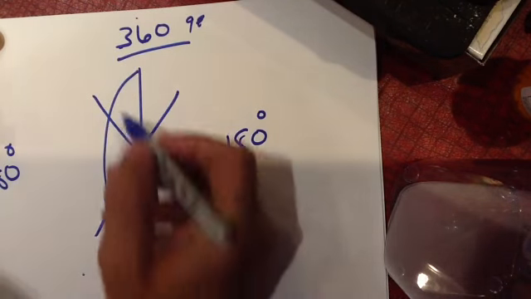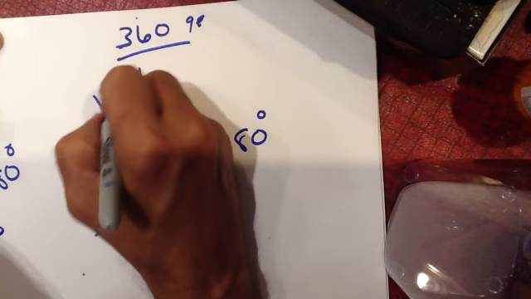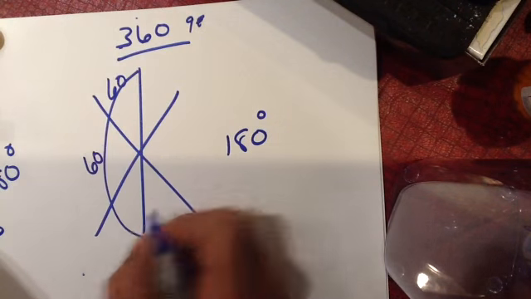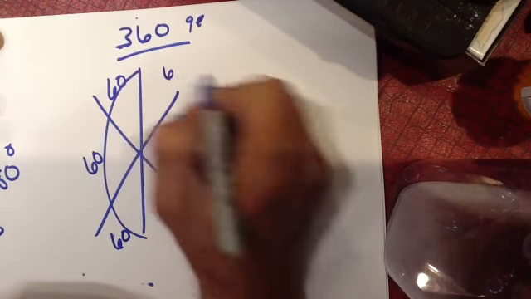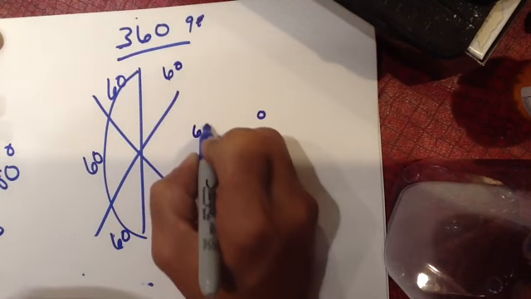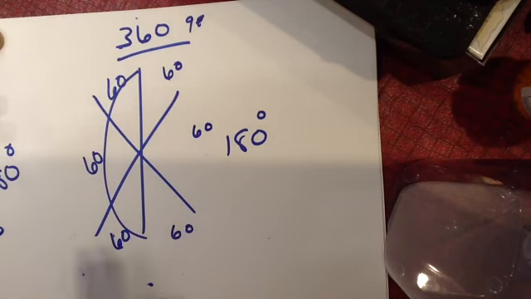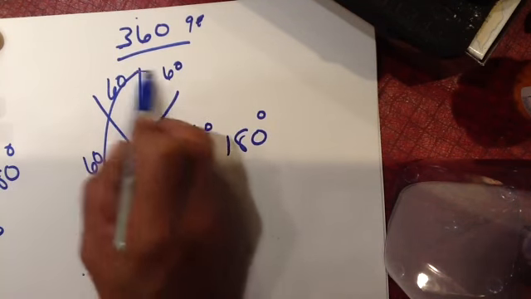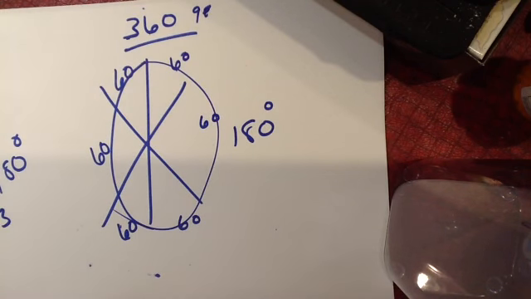Okay, but 180 degrees divided by 3 is 60, 60, 60. And then over here we have 60, 60, and 60. Because there's 180 on this side, 180 on this side, 360 degree radius.